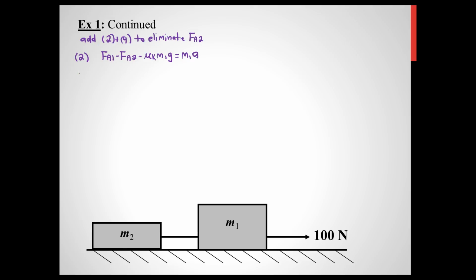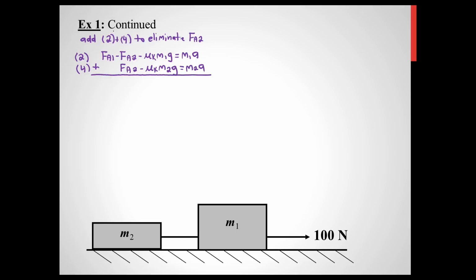And equation 4 was fa2 minus mu k m2g equals m2a. And we're just going to take these two equations and add them together.